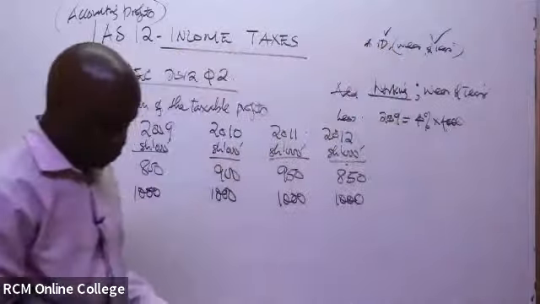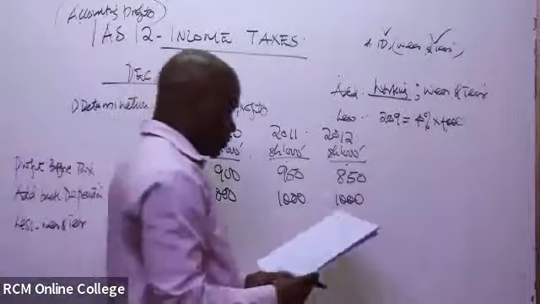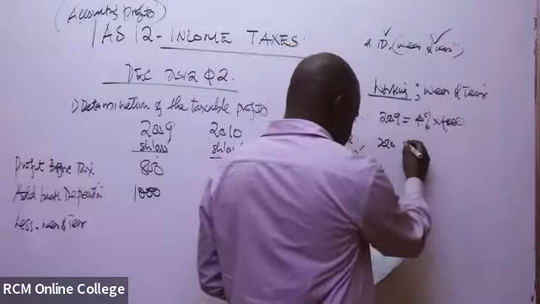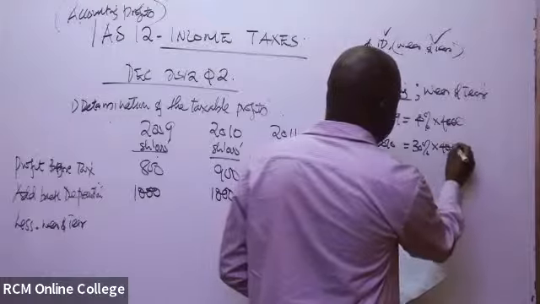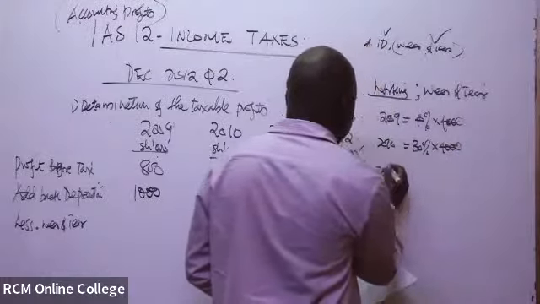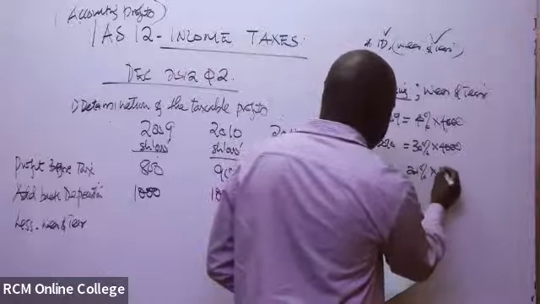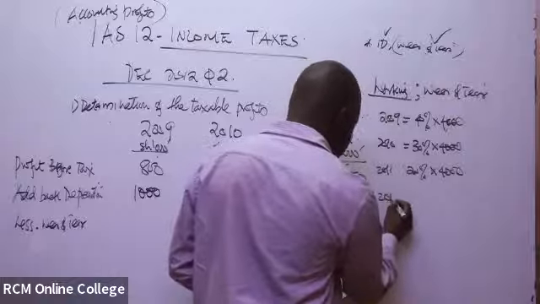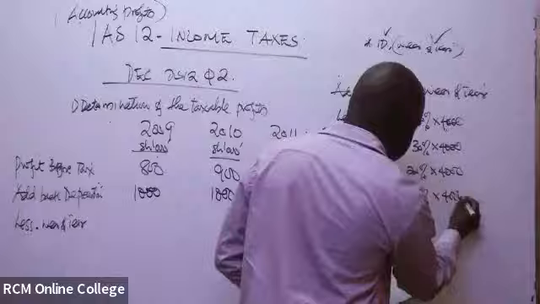Then in 2010, it was 30% of the cost of the asset. Then 2011, it was 20% of the cost of the asset. Then 2012, it was 10% of the cost of the asset.